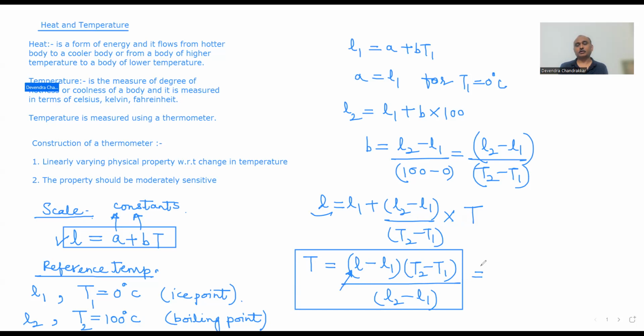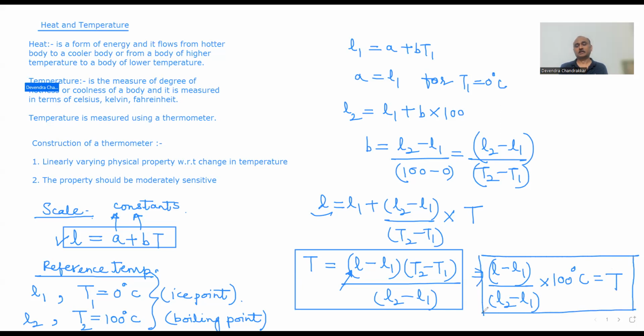If you want to write it in terms of these temperatures, just substitute the values here. It will be T is equal to L minus L1 upon L2 minus L1 into 100 degrees Celsius. I hope all of you understood this.